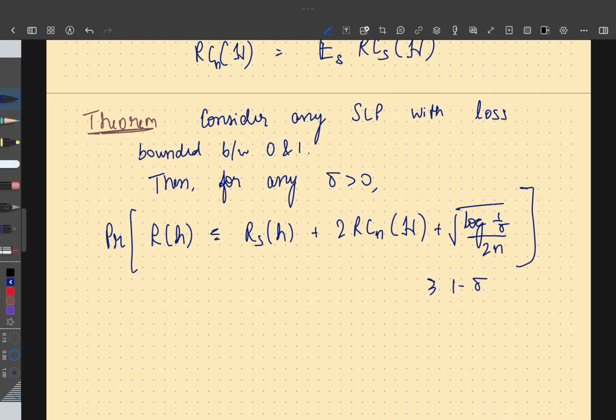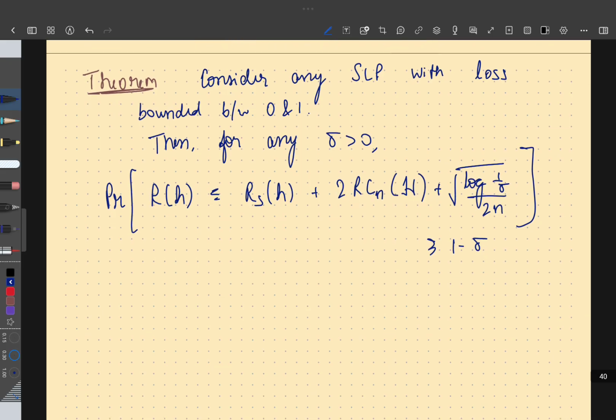This is at least 1 minus delta. So basically this whole quantity is your epsilon.